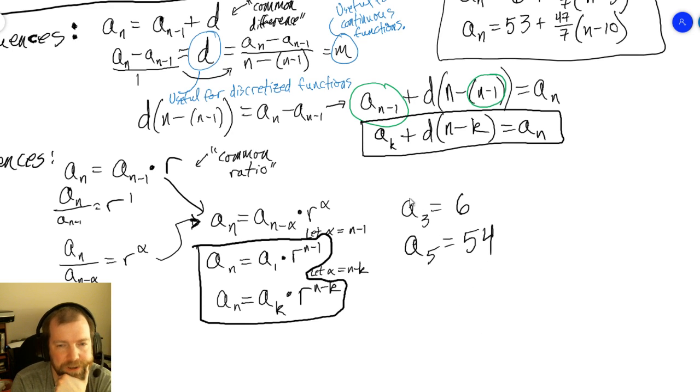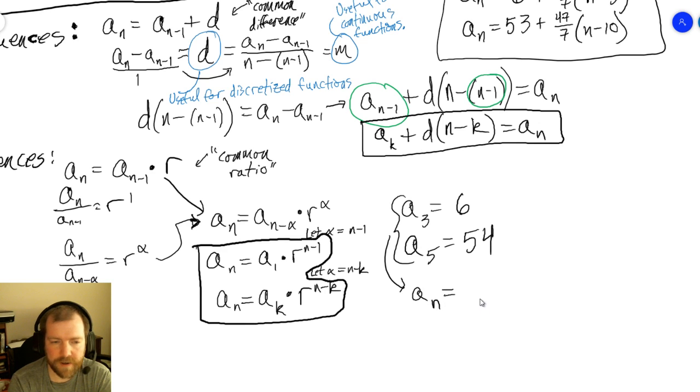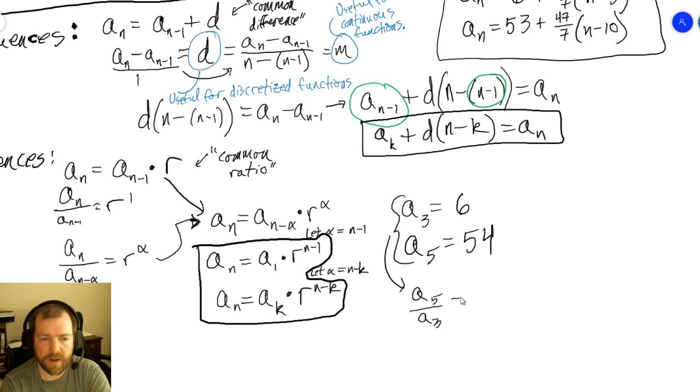This is nice. So if we have two like this, we can end up with a sub n is equal to, well, actually, right. So if we do a sub 5 over a sub 3, this is going to get us r to the, you can subtract those values, and so this is going to be 2. The problem here with r squared is that this creates another problem.